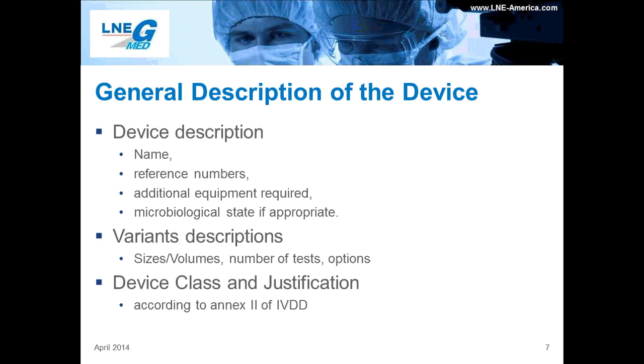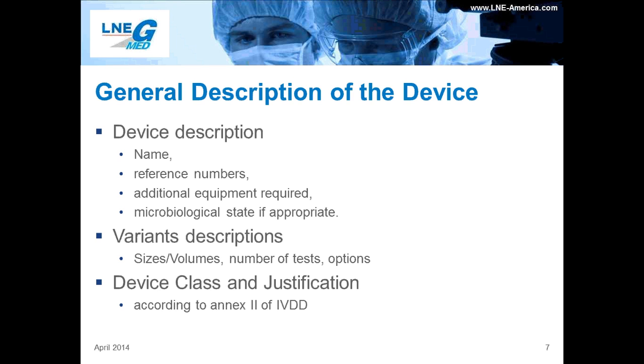Okay, let's discuss the general device description. This is usually the first thing a reviewer looks at, since it will give us a general idea of the product under examination. This documentation should include the name of the device, reference numbers of the device, additional equipment required, for example, if your IVD is developed to run on a particular instrument, and also the microbiological state of the device if this is applicable.